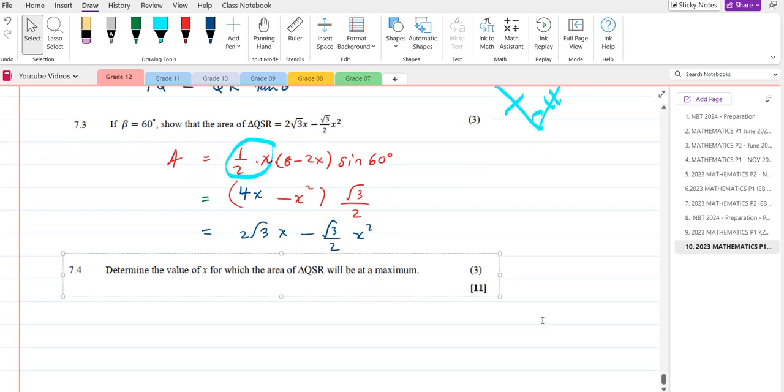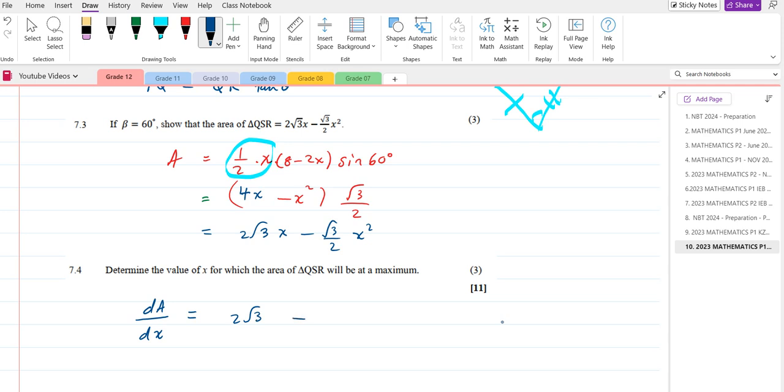Determine the value of x for which the area of QSR will be a maximum. Now, how do you maximize this? You can use minus b over 2a, or find the derivative. So dA/dx: the derivative is 2 root 3, minus 2 times root 3 over 2, which is root 3, times x, equal to 0.